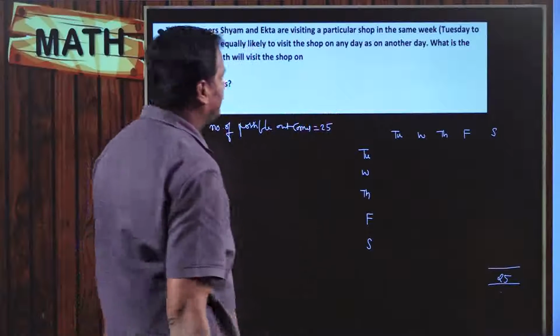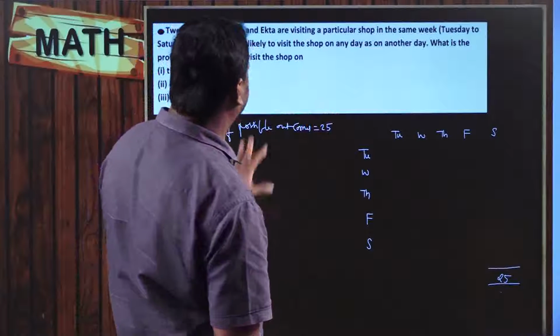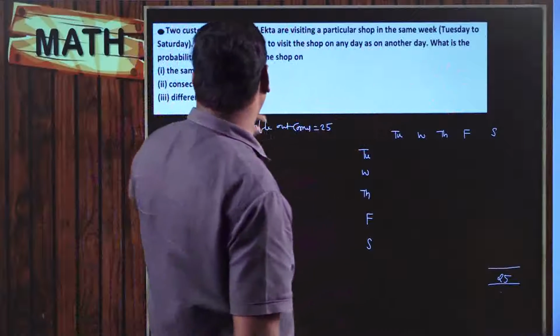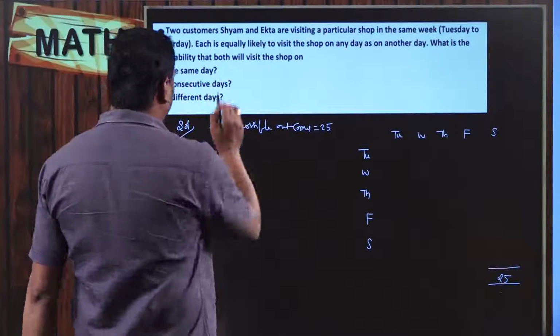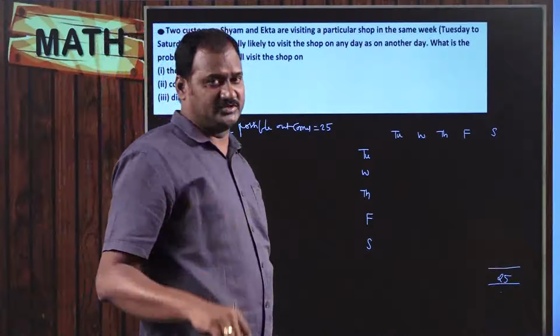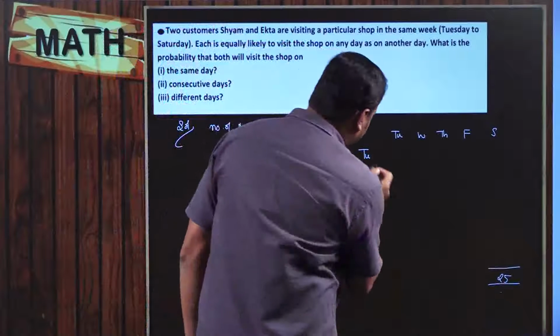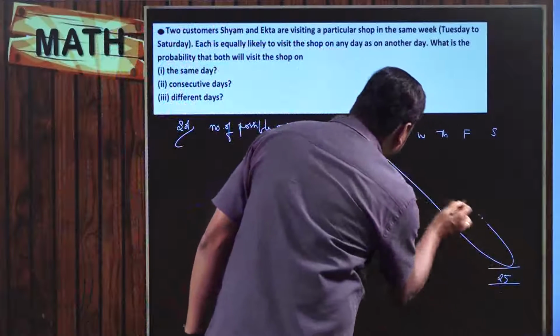Now coming to the problem. So what is the problem here? Each is equally likely outcome to visit. What is the probability that on the same day? What do you mean by same day? Tuesday, Tuesday, Wednesday, Wednesday, Thursday, Thursday, Friday, Friday, Saturday, Saturday. Means they will come in this diagonal.